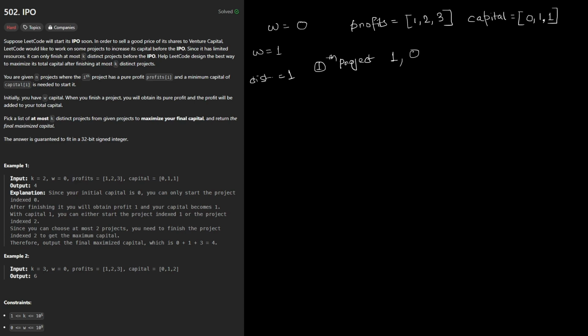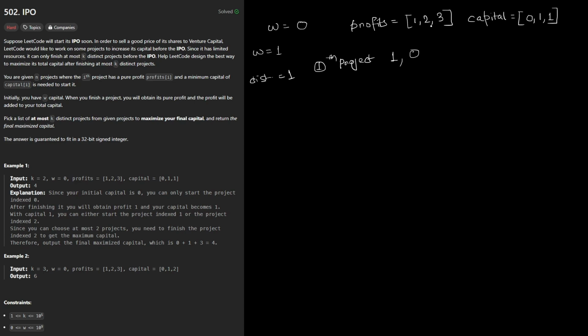Then I have two more projects, so I can choose between this project and this project. Both of them require a capital of 1, and I already have a working capital of 1.